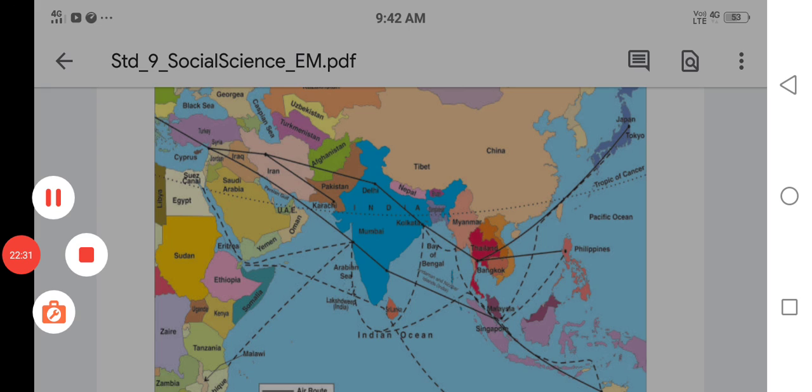If we talk about Africa: Sudan, Egypt, Ethiopia, Kenya, Tanzania. Where is Uganda? Yes, yes, brown colored Uganda. So these are the small countries.